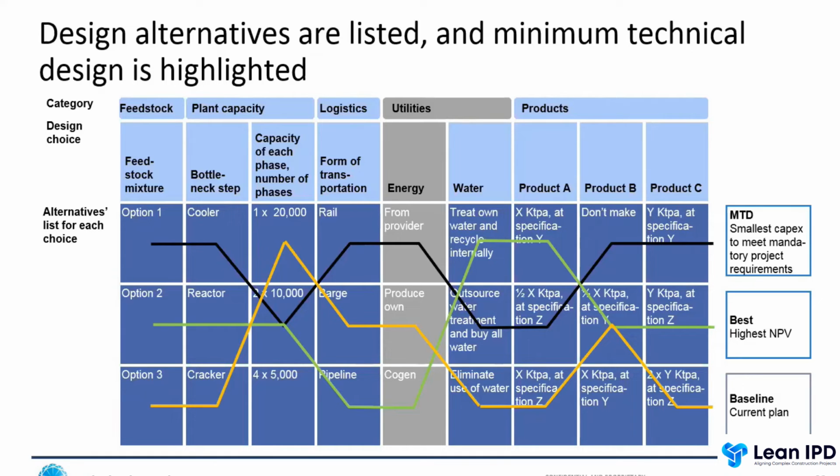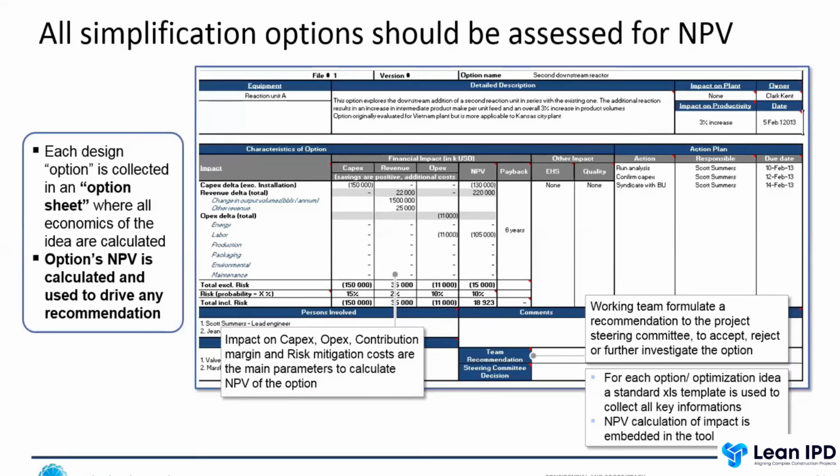How do we do this? If we go to the next page, we see the tool that we use in these cases. It's an NPV model that takes each of these design alternatives and simulates what is the cash flow that this alternative will give.